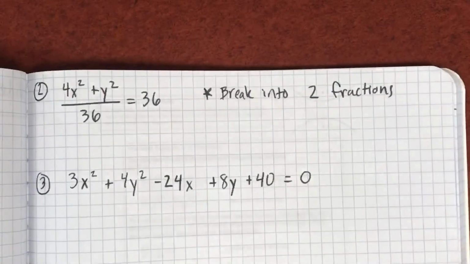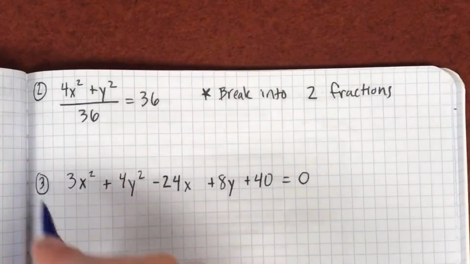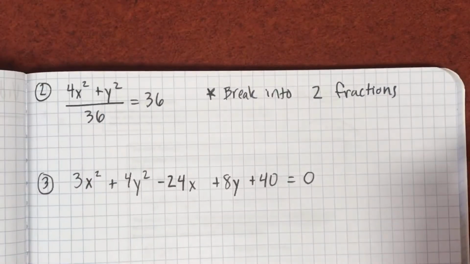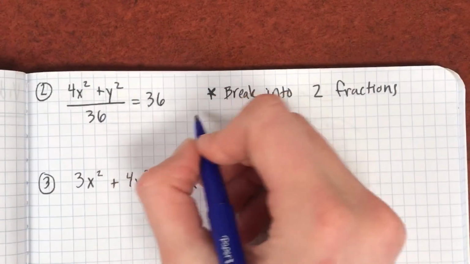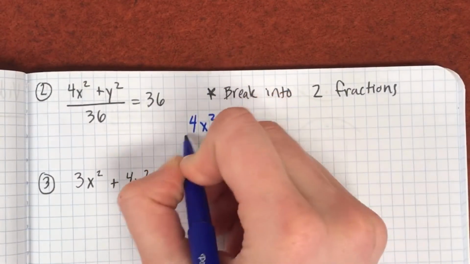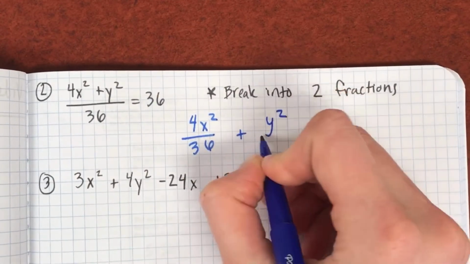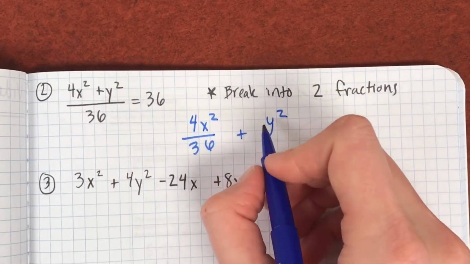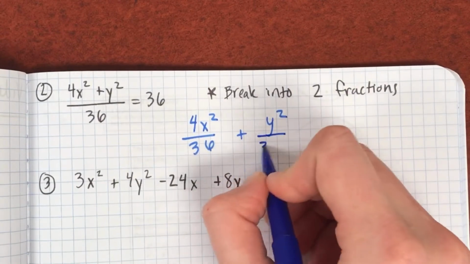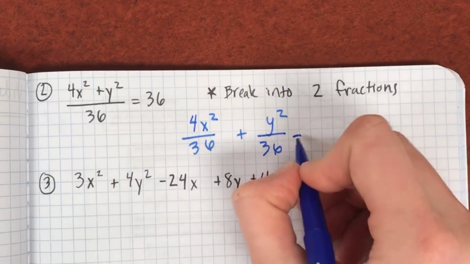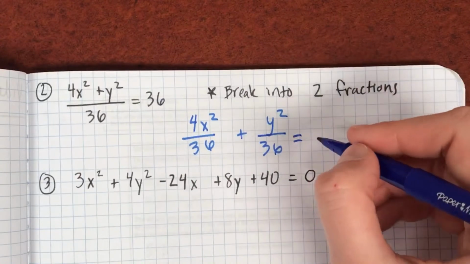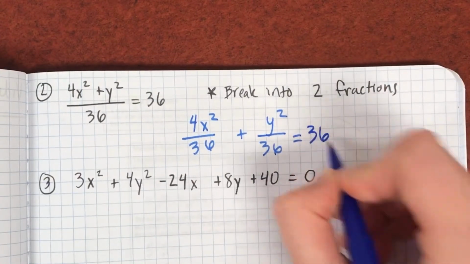Our next example, we're not going to work through all the way, but when we see something like this, we need to know to break that into two fractions. So this could be 4x squared over 36 plus y squared over 36 equals 36.